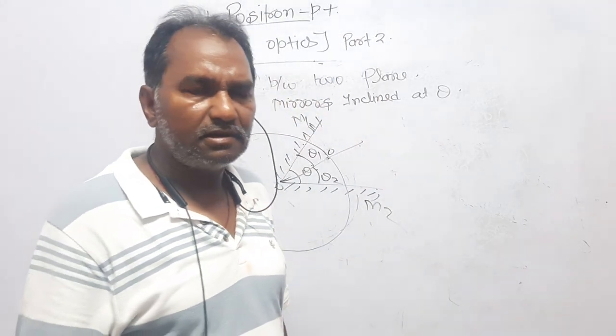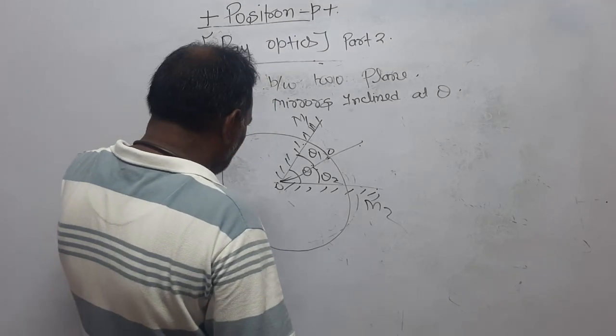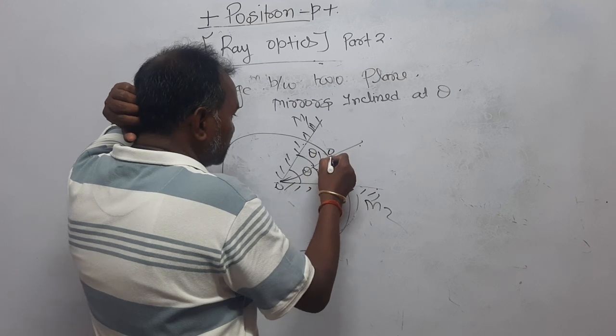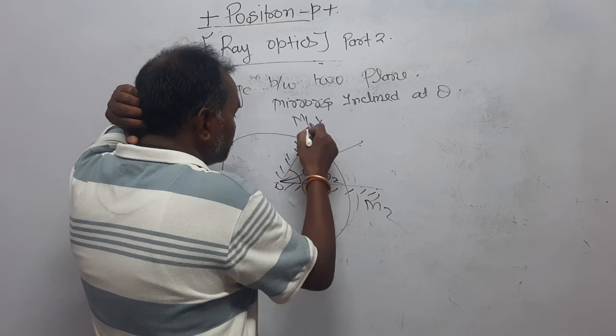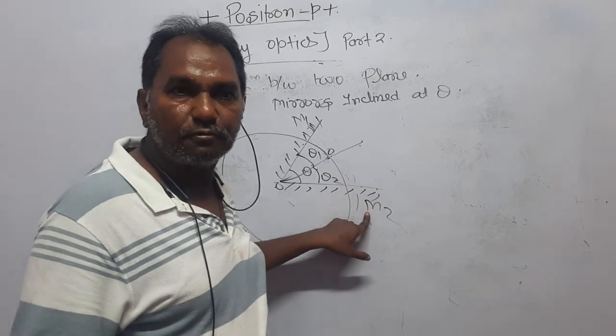There are many methods to apply. I am applying here the circular concept. Dear student, this object is at theta 1 angle from mirror M1 and theta 2 angle from mirror M2.